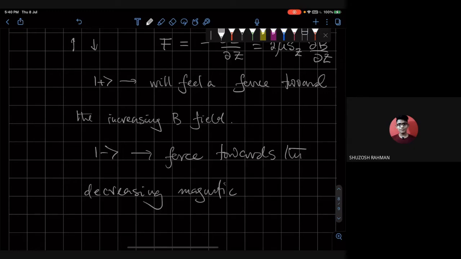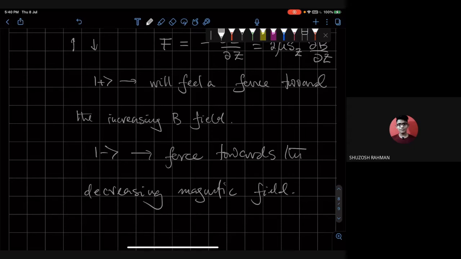Do you agree? It's very quiet out there. Decreasing magnetic field, as in towards where the field is lower. Yeah. Okay.